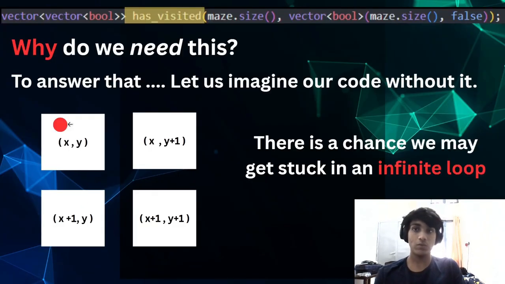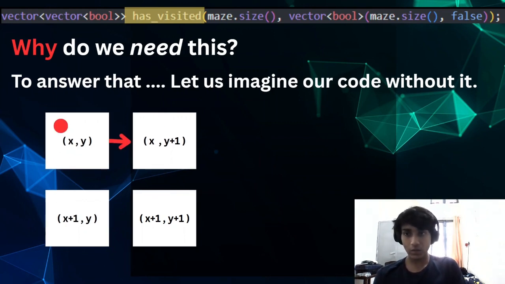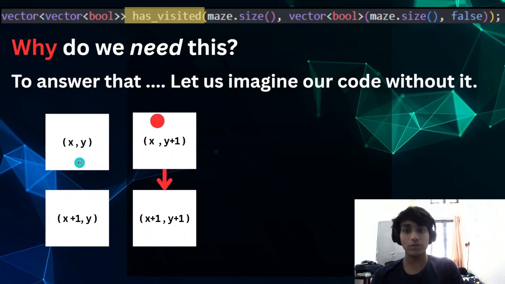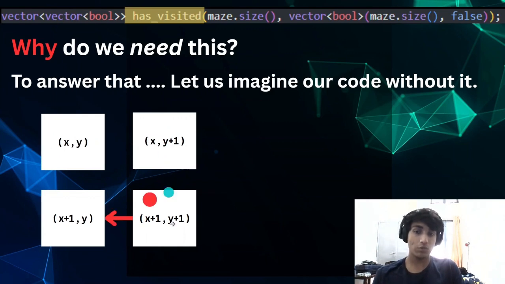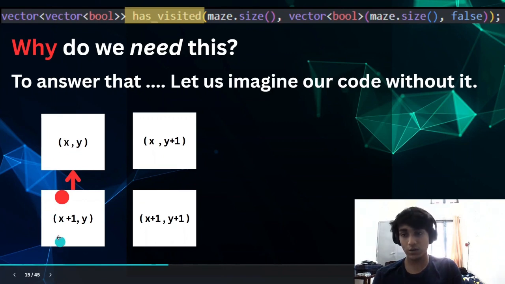To fix that, we'll use has visited. Now let's imagine code with has visited. Say you start here, you mark this cell as true, and then you move to this cell, you mark this as true, you move to this cell, you mark this as true, then you move to this cell, you mark this as true.